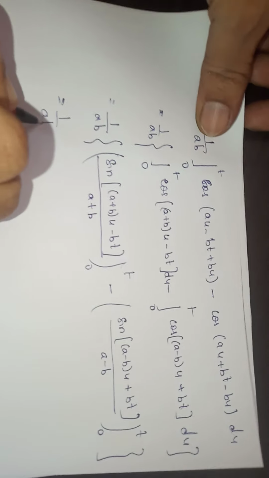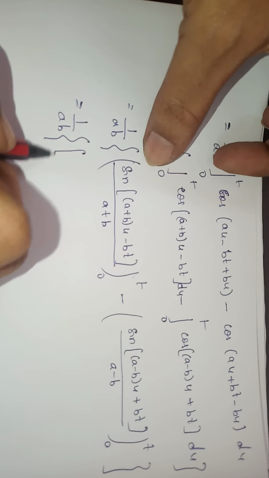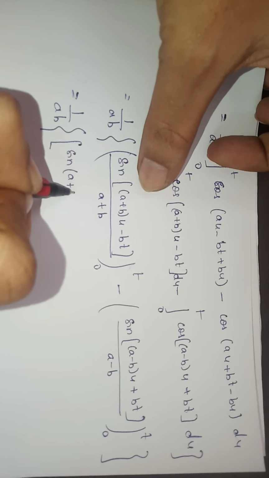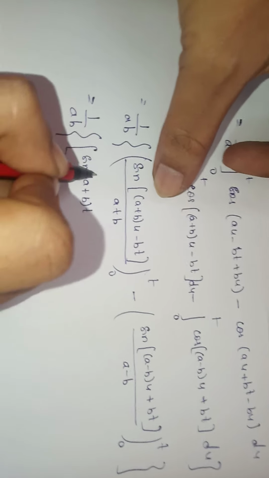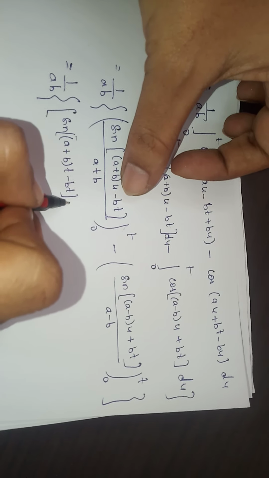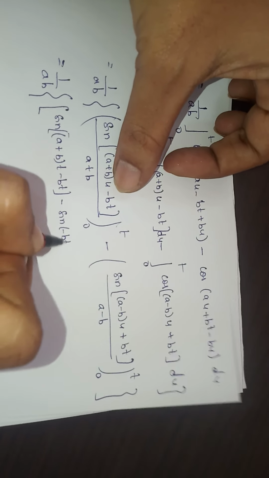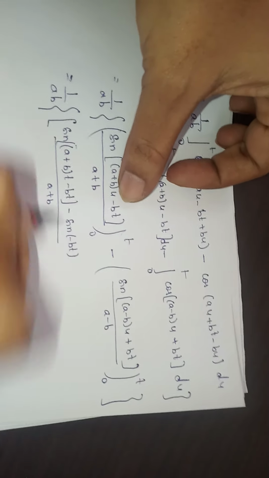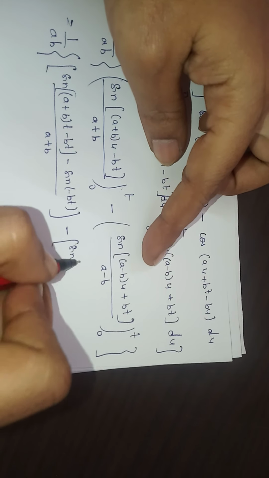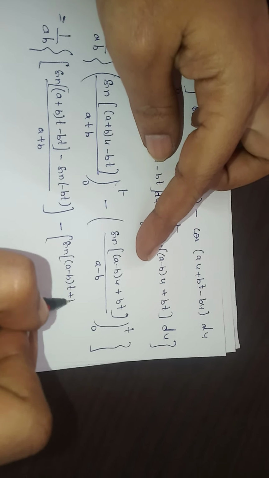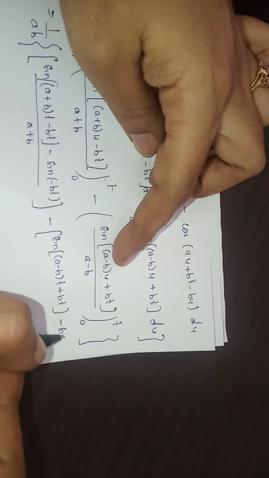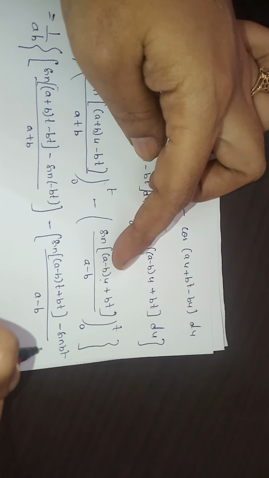Now here the upper limit is t, when you apply t, it is sin of (a plus b) into t minus bt, and the lower limit when you apply 0, it is minus sin of minus bt by a plus b, minus, here for this upper limit is t, sin of (a minus b) into t plus bt, minus the lower limit is 0, so it is minus sin bt by a minus b.